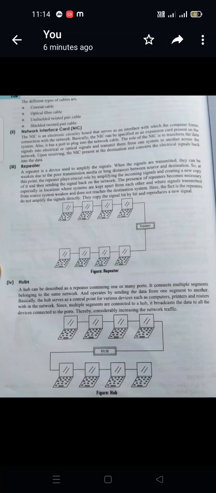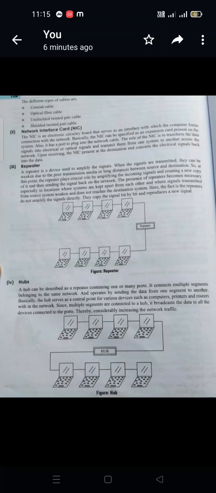Next is hubs. A hub is a device similar to a repeater, but it has many ports. For example, you can take it as an extension box we use in our homes, right? Like that, hubs are used in networks. It connects multiple segments belonging to the same network.